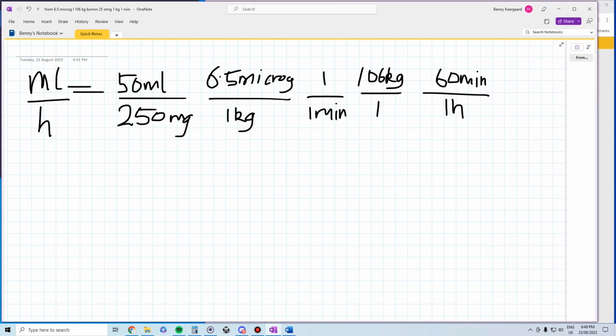Now, how do we know to convert micrograms to milligrams or milligrams to micrograms? That's a good question. How do we know?